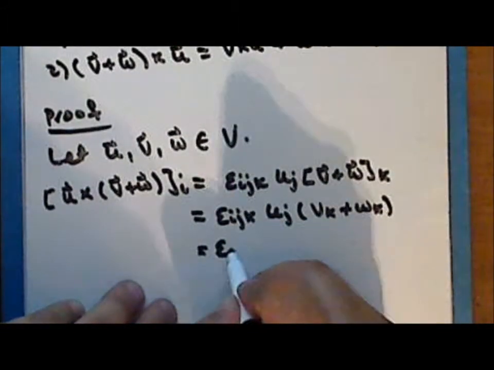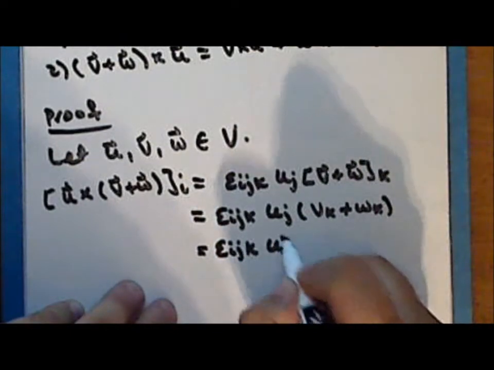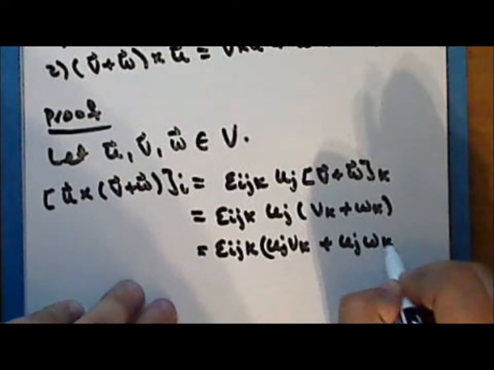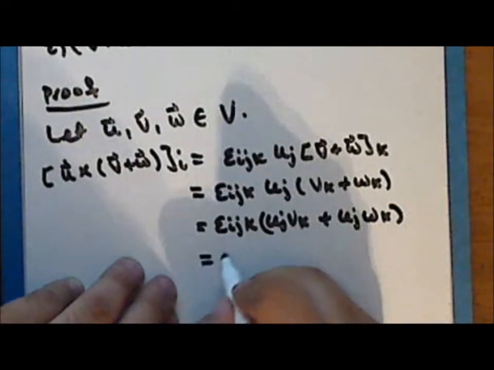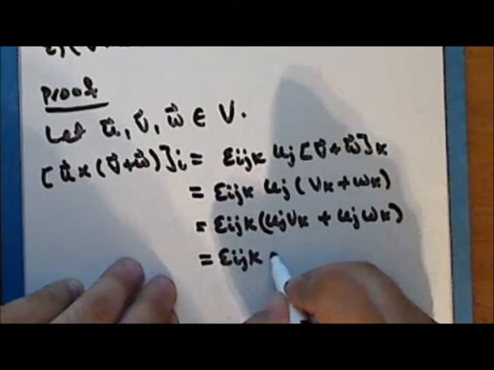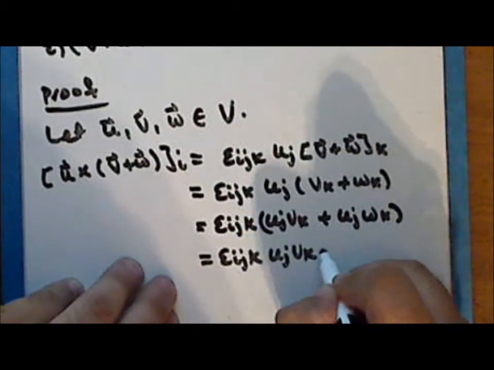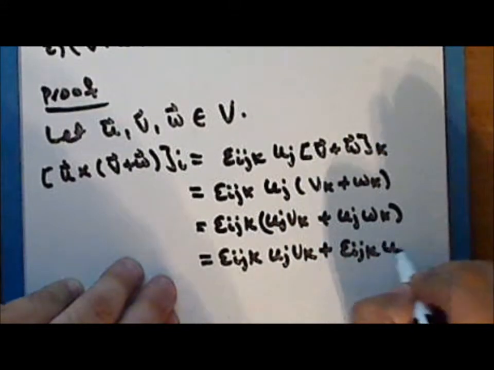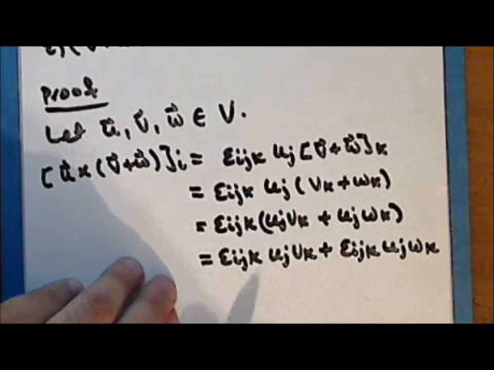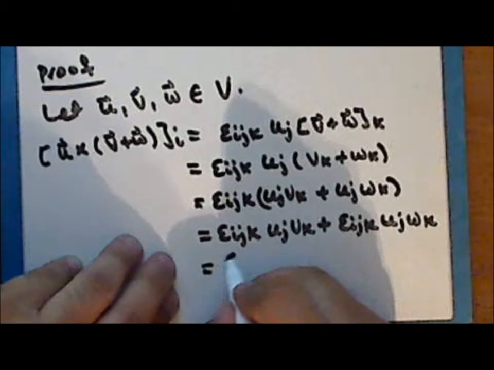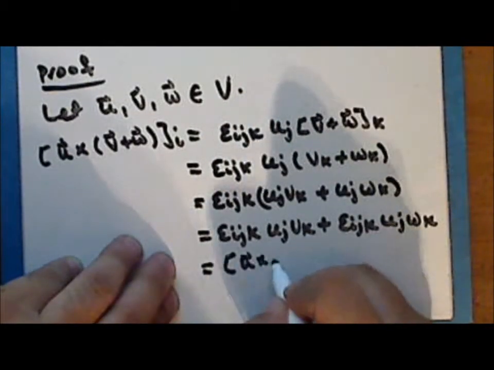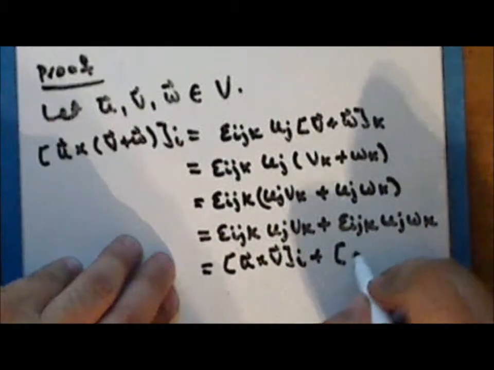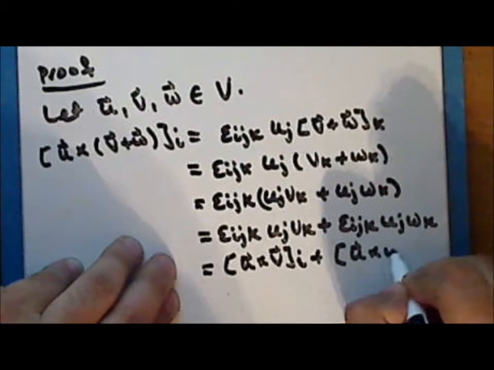And so we have epsilon sub ijk u sub j times v sub k plus u sub j times w sub k. This is epsilon sub ijk u sub j v sub k plus epsilon sub ijk u sub j w sub k, which is the ith component of u cross v plus the ith component of u cross w.